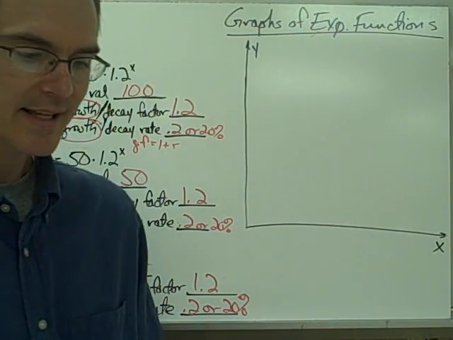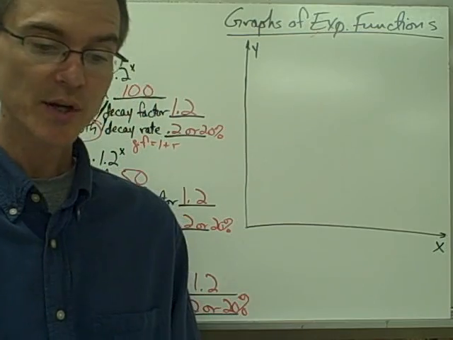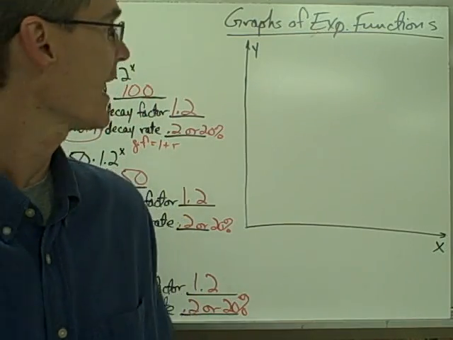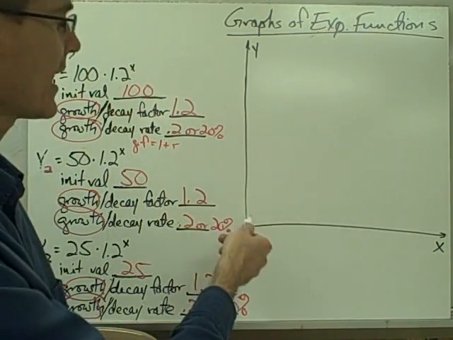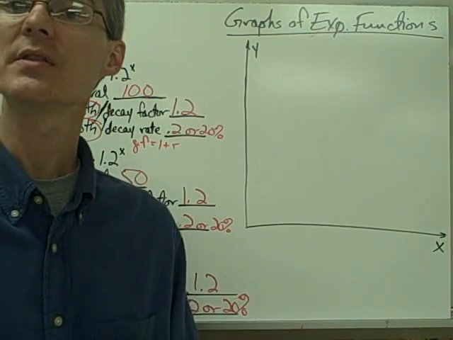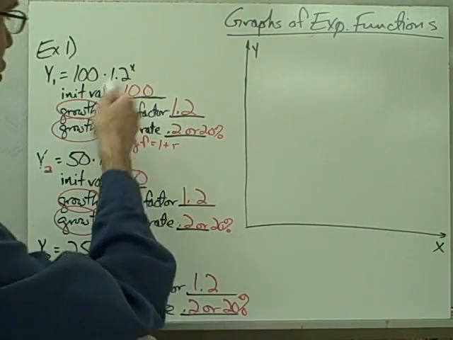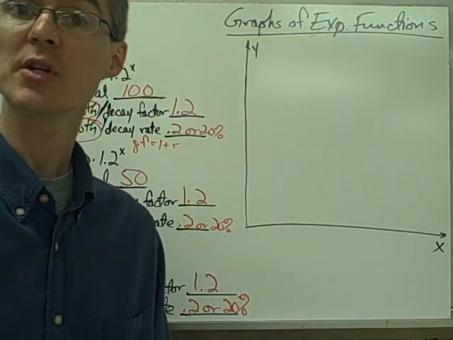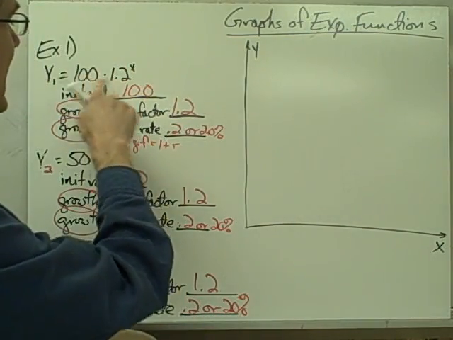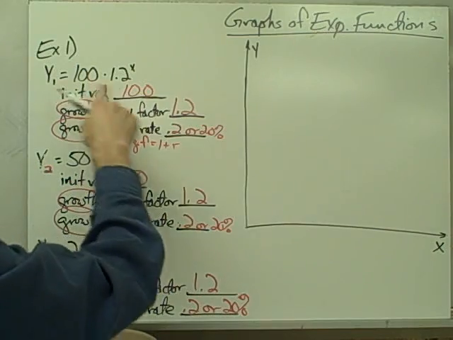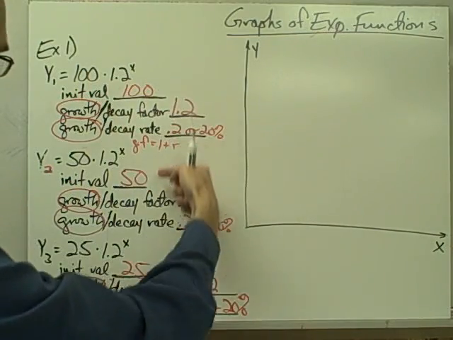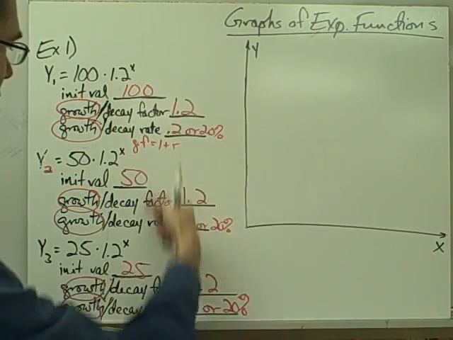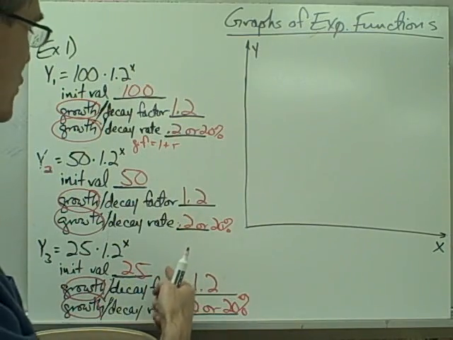Okay, next it says enter the equations in your calculator and sketch their graphs. I can actually sketch the graphs even without entering these functions into my calculator, just using what I know about the parameters of an exponential function, these values of A and B. So I can see that I've got 3 different initial values. Let me go ahead and graph what these initial values are going to be.